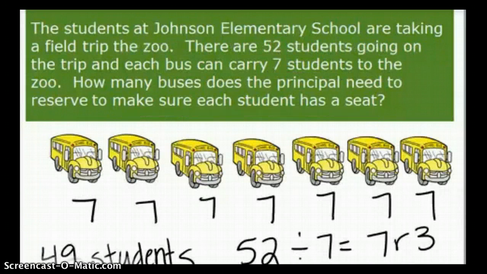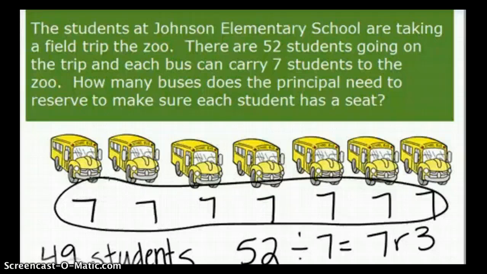So if I look at this picture, I can see that if I divide and I have 7 students in each bus, that's a total of 49 students because 52 divided by 7 is 7 remainder 3. If we look at this, we're only taking 49 students if we take 7 buses.